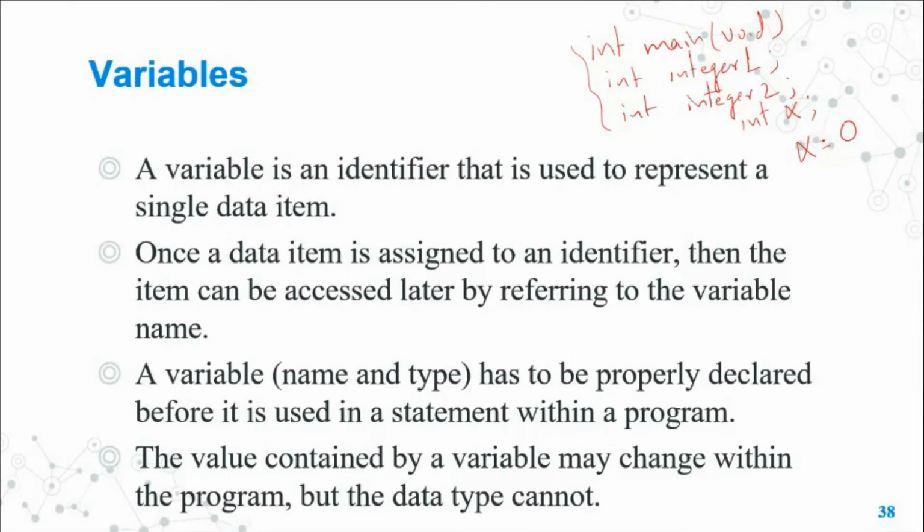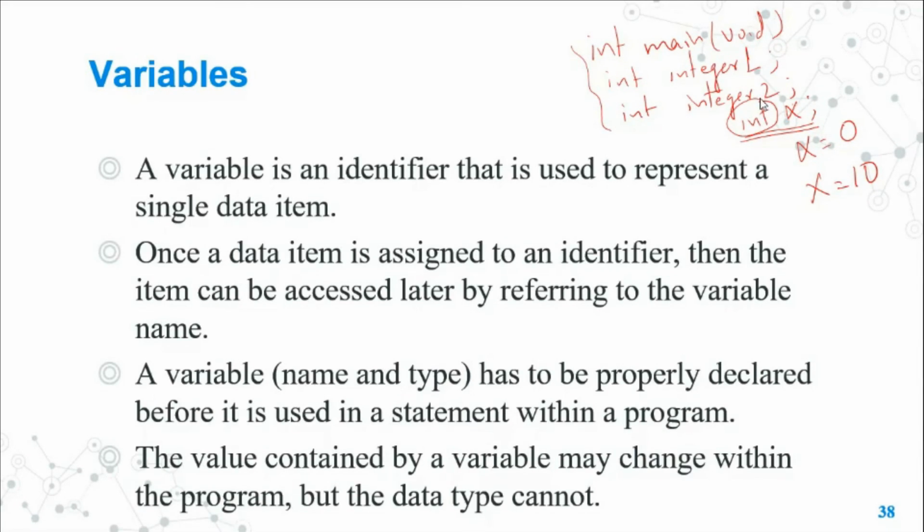After some statements are executed, the value of x can be changed to 10. No problem. But the new value should also be an integer, because it is already declared with the type integer. The x can hold only values of type integer.